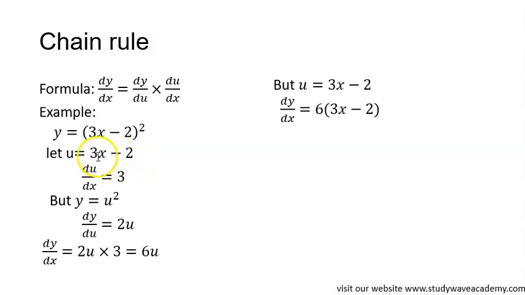So now we are going to be looking at differentiation of u in respect to x, which is du over dx. So we have to differentiate u to get the answer of du over dx, okay? So we're going to be using our general method to differentiate this. We have 3x here. Remember, it's raised to power 1, since there is no number raised to a power here.